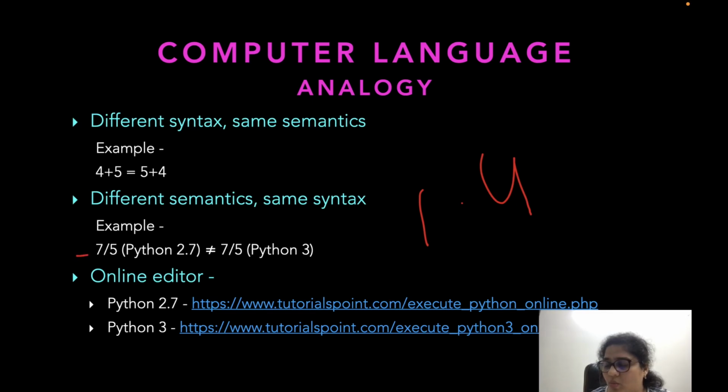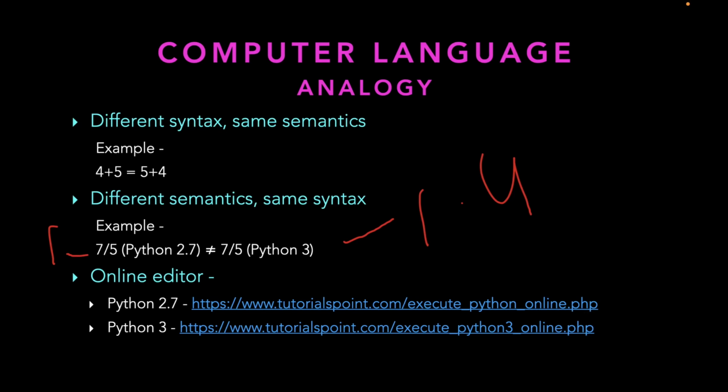But when we do that in Python 2.7 version, that is the older version, 7 by 5 will only give me 1. Whereas the same thing when I will try in Python 3, it will give me the accurate answer, which is my mathematical answer, that is 1.4.